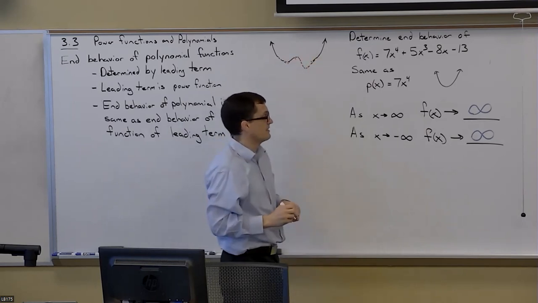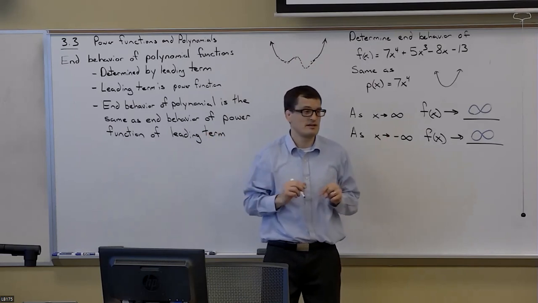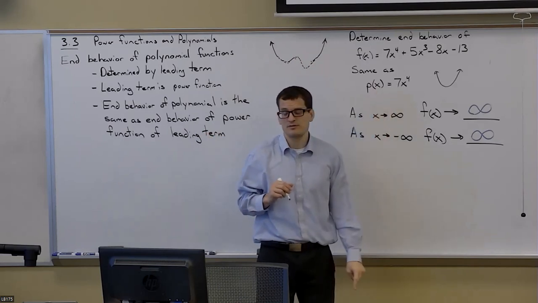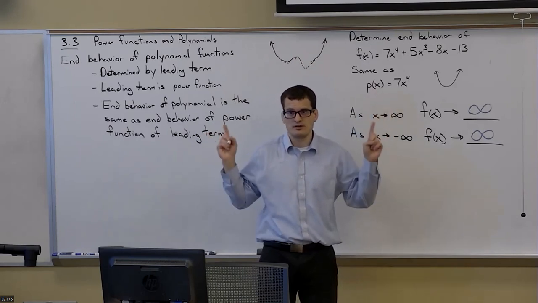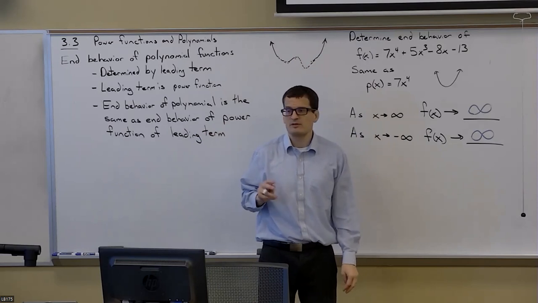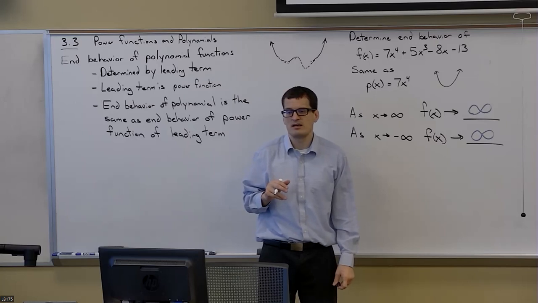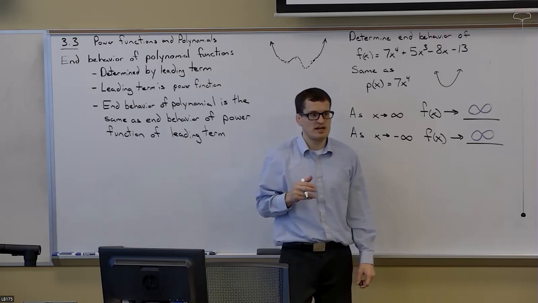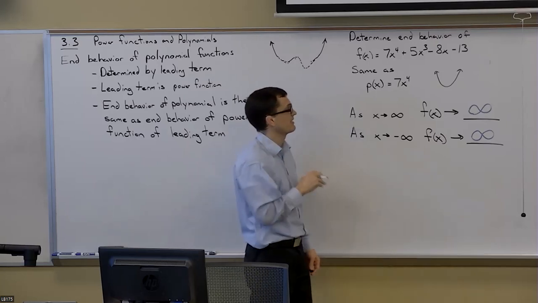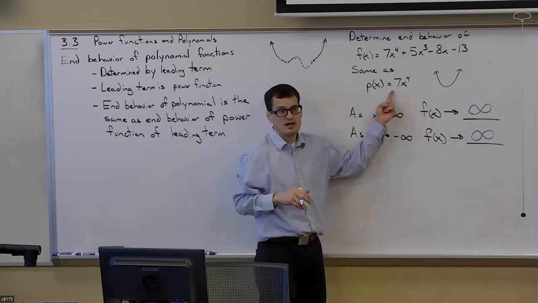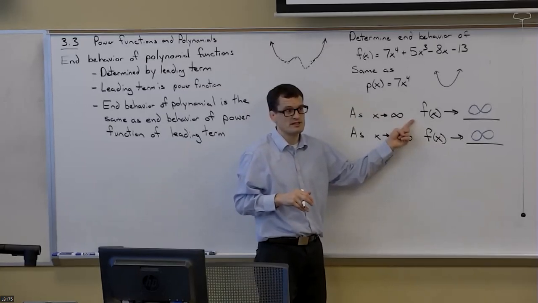But I know the end is going to look like the end of 7x to the fourth. So it's going to go up and to the left. Does everybody understand why it has to be that way? Why 7x to the fourth has to be determining the end behavior as x goes off to infinity?